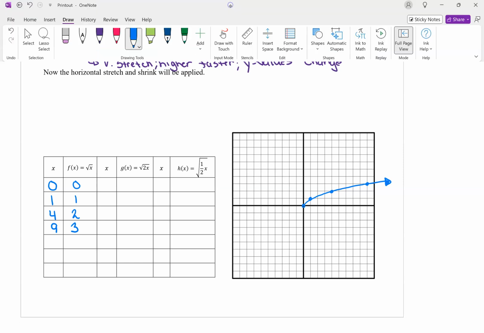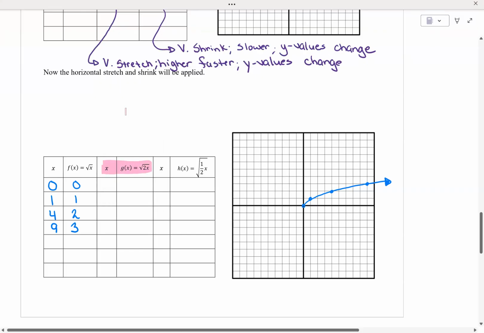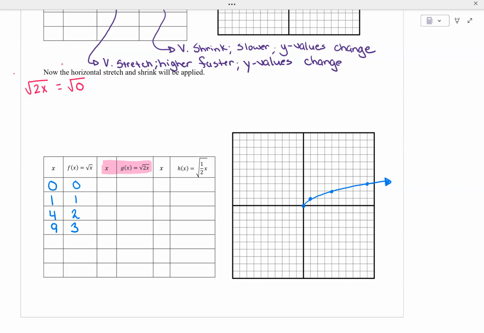Okay. So we're going to start with this one right here. So this is what I want you to remember. And I'm going to ask you kind of the same thing that we did last time. If I have the square root of 2x, I know that I need that inside to be 0. So what would x have to be to give me that 0?